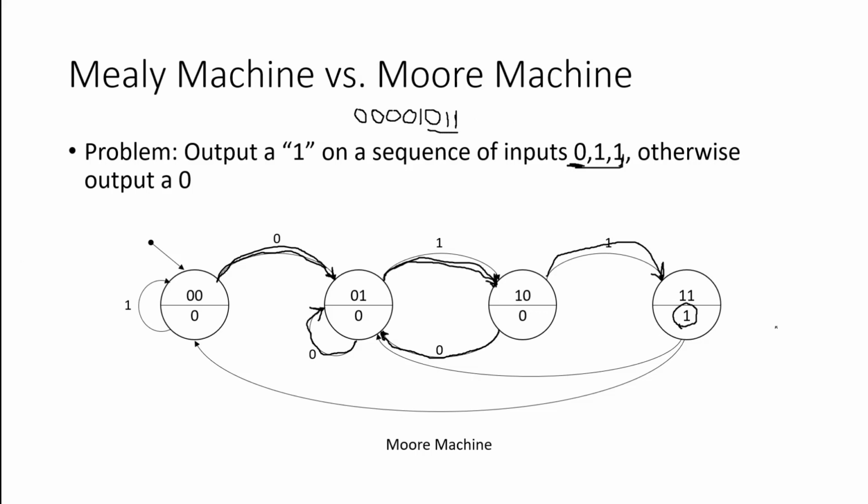So I know for sure I'm in this final state and I'm outputting the value 1. If I receive a 0 again, that could potentially be the start of another 0, 1, 1 sequence, which means that when I'm in this state and I receive a 0 input, that is going to take me back to state 0, 1 here.